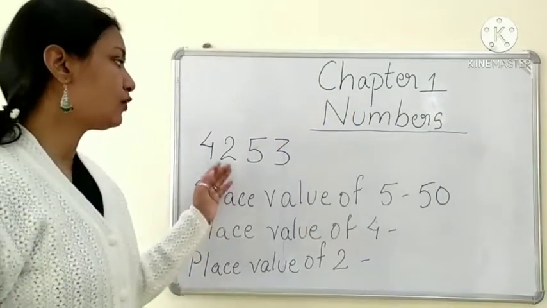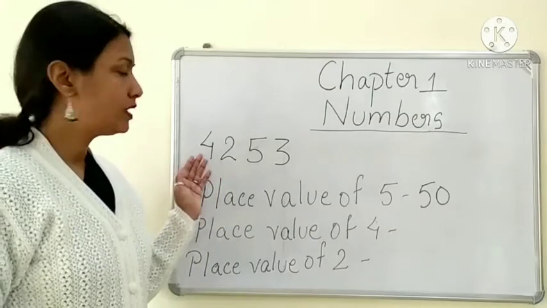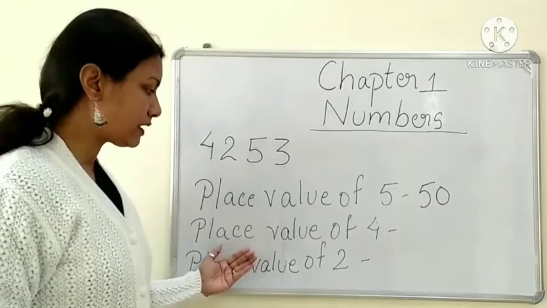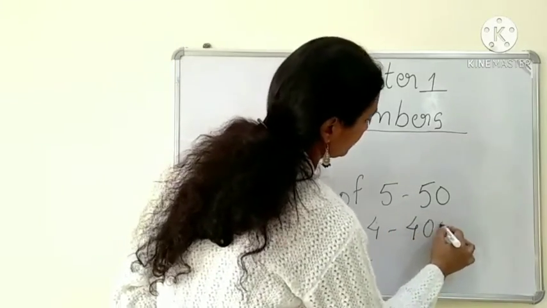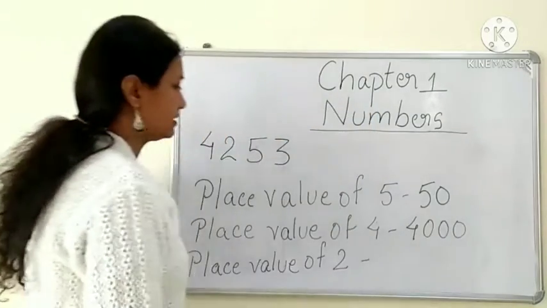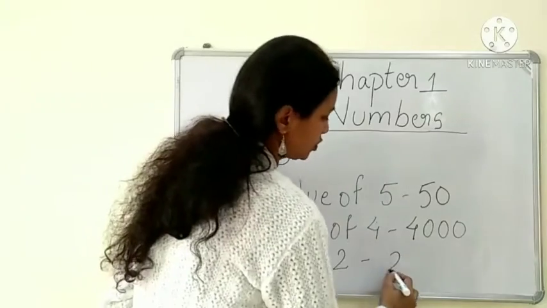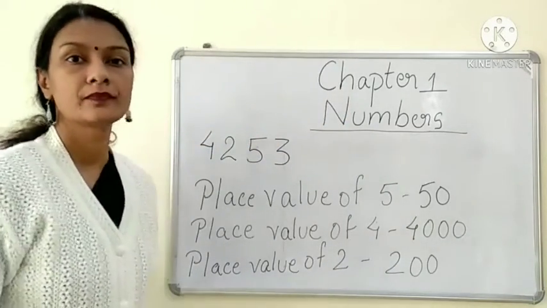Similarly, place value of 4. If the question is place of 4, then we will write thousands. But here they are asking for place value. So, 4 into 1000, 4000. Similarly, place value of 2 is 200. Understood?